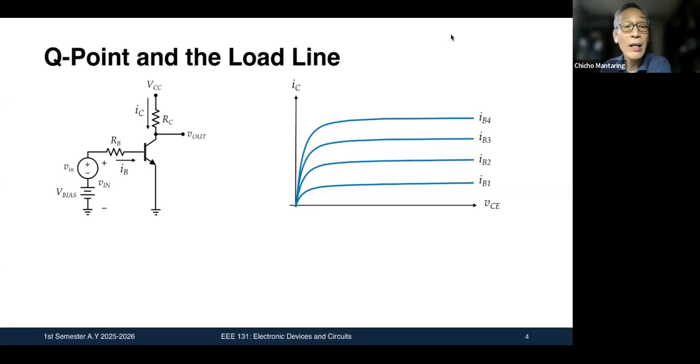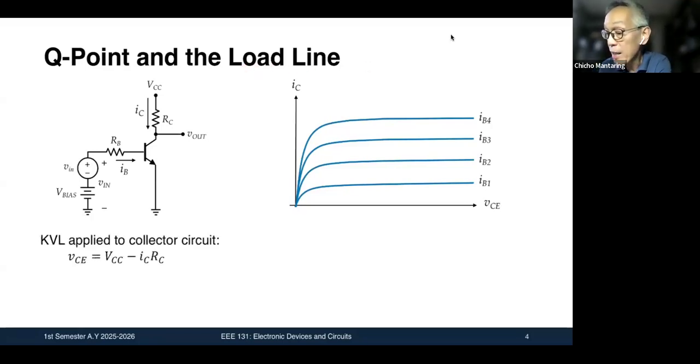Okay, let's talk about what we call the load line. The load line is the plot of the line that is formed when you apply KVL to the collector circuit. So if I apply KVL to the collector circuit, what is KVL here?